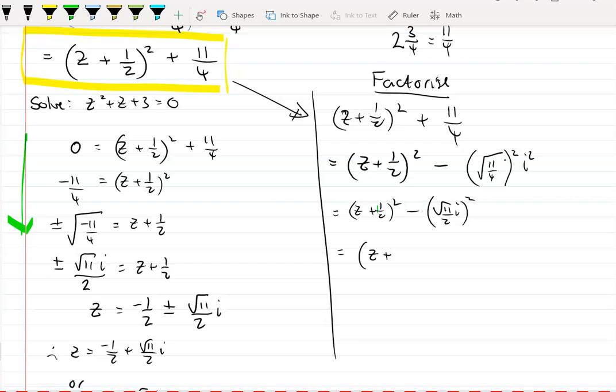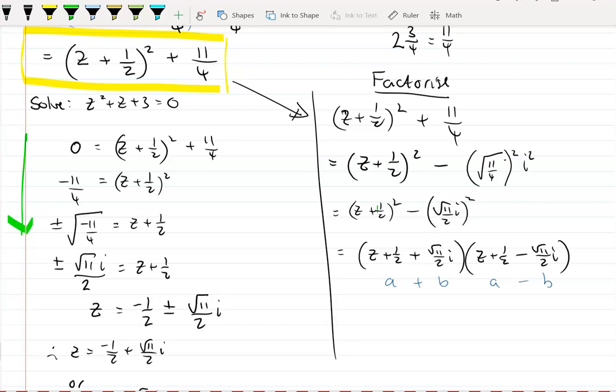So the a is z plus a half, plus b is root 11 on 2i. And then it's going to be a, which is z plus a half, minus root 11 on 2i. So if you like to think of it like this, that's a plus b, a minus b.